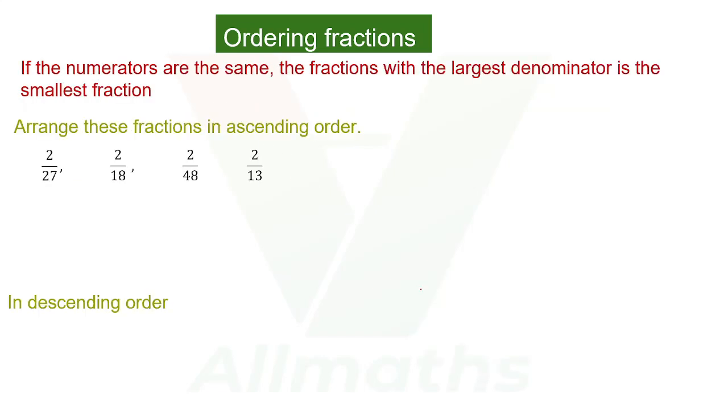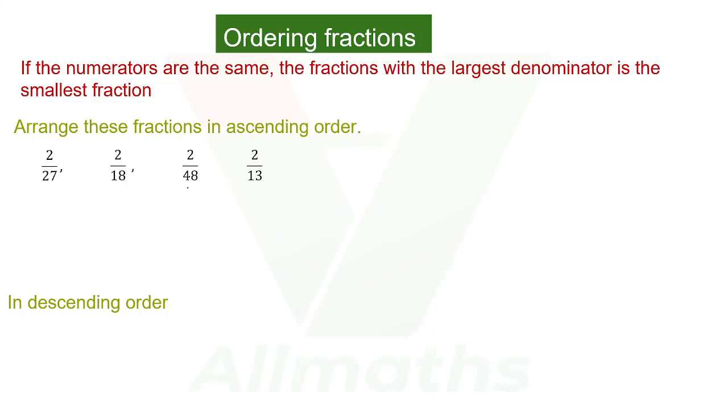Now let's apply this rule to this. Arrange these fractions in ascending order, meaning that you're arranging from the least to the highest. Ascending, you're going higher, you're climbing up, right? So remember the rule that says if the numerators are the same, the fraction with the largest denominator is the smallest fraction.